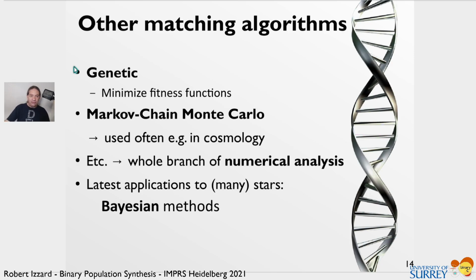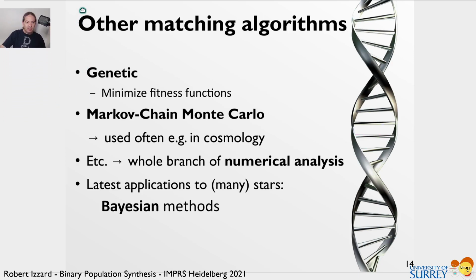So there are other methods out there for matching your observations to your computed models. There are things like genetic models. I don't know if that's something that people still use these days, mainly in biology, I think, but they're still used. Markov chain Monte Carlo, also called MCMC. This is very common.